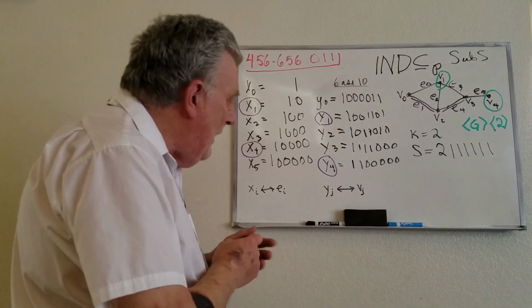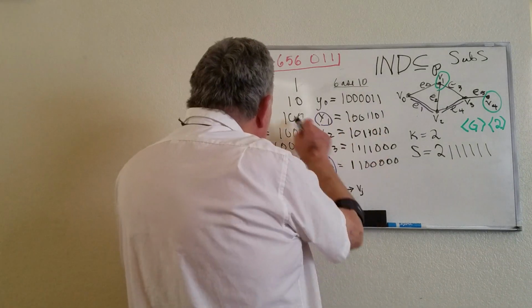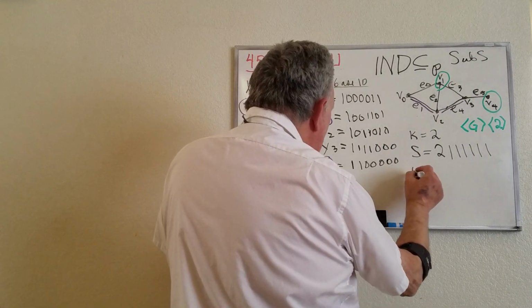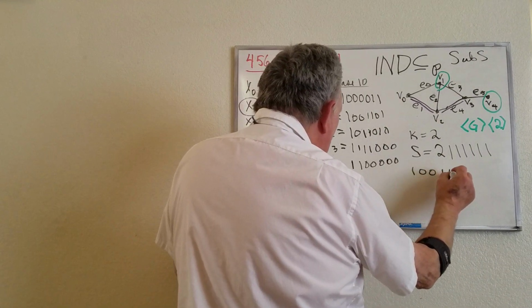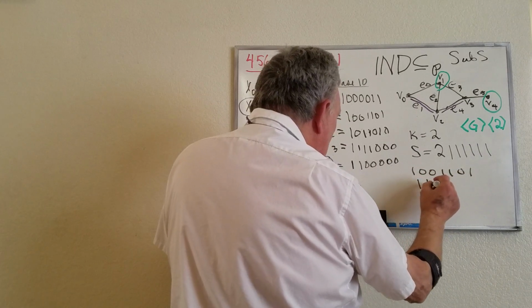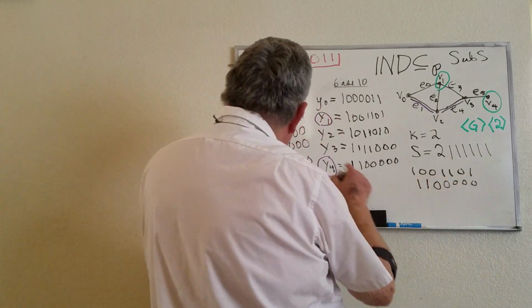Now, let's see what happens when we add these numbers up. We're going to add this number, this number, this number, and this number. So let's see what happens. We have 1, 0, 0, 1, 1, 0, 1. Then we have 1, 1, 0, 0, 0, 0, 0.